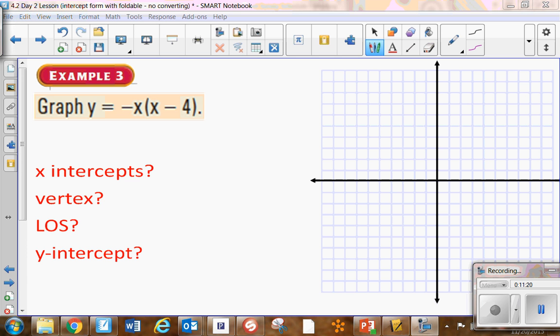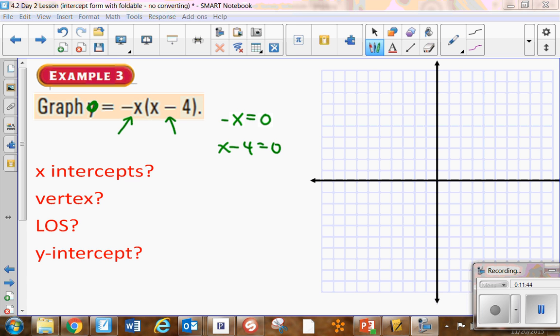How many factors do I have in this problem? 2. I'm multiplying -x times that log. So when I'm finding my x-intercepts and I set this to 0, one of those 2 factors has to be a 0. Either -x has to be a 0, or x minus 4 has to be 0.